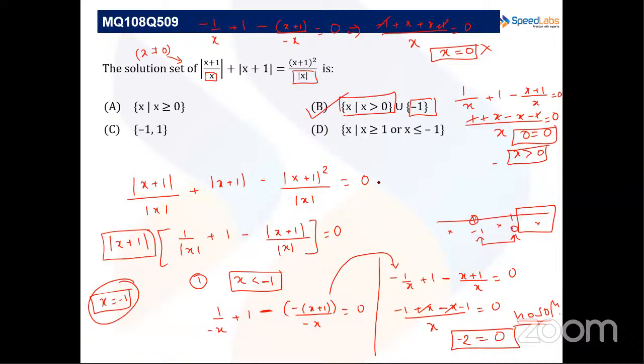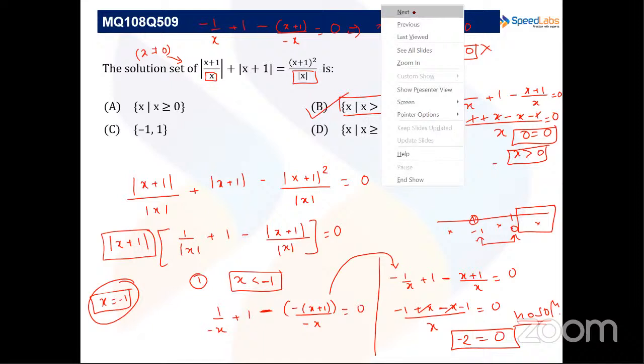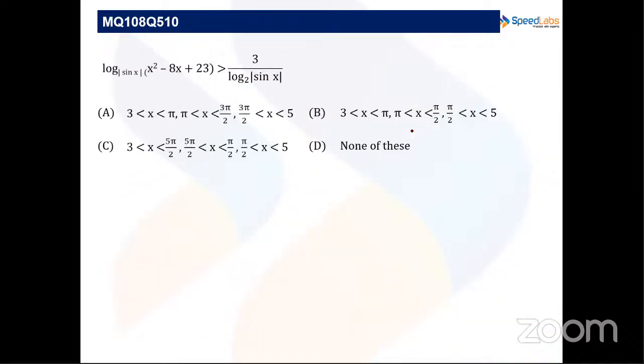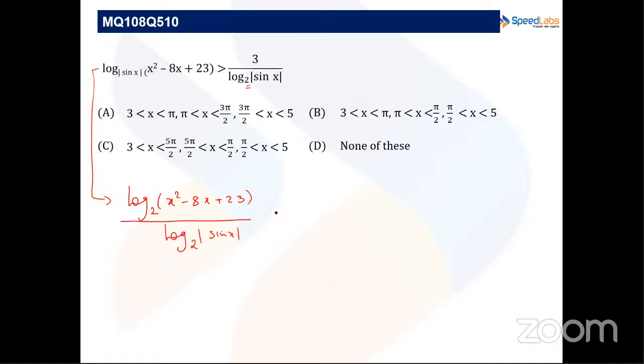Now moving to the next question. We have to simplify this inequality, that is, find the region where x will belong. So solve this inequality. We have log of x square minus 8x plus 23. It has base 2 here, so let's change the base to log base 2, and this will be mod sin x to the base 2 is greater than 3 upon log of mod sin x to the base 2.